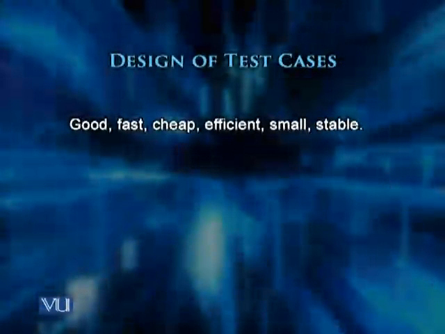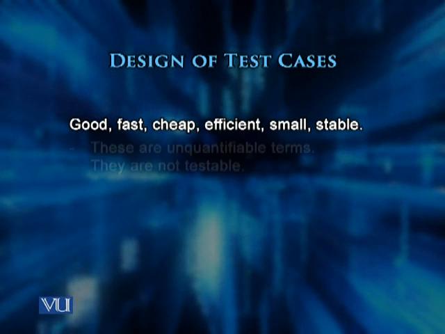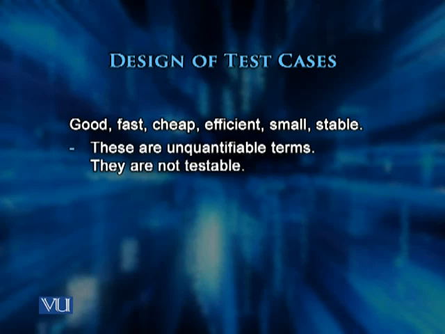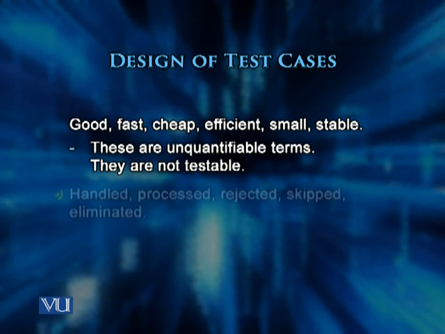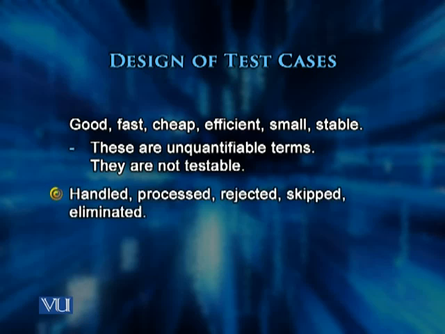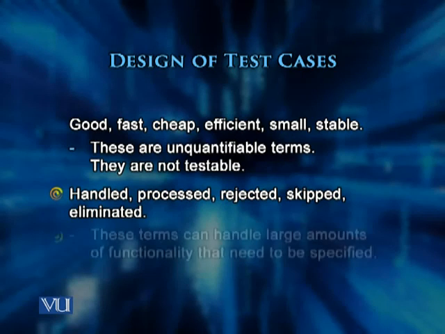Then another set is good, fast, cheap, efficient, small, or stable. These are unquantifiable terms. These are clearly not testable. What does good mean? How fast is fast? Then you have another set which contains the words handled, processed, rejected, skipped, or eliminated.